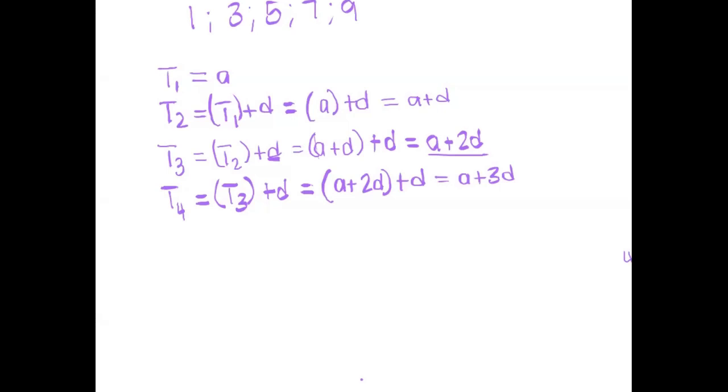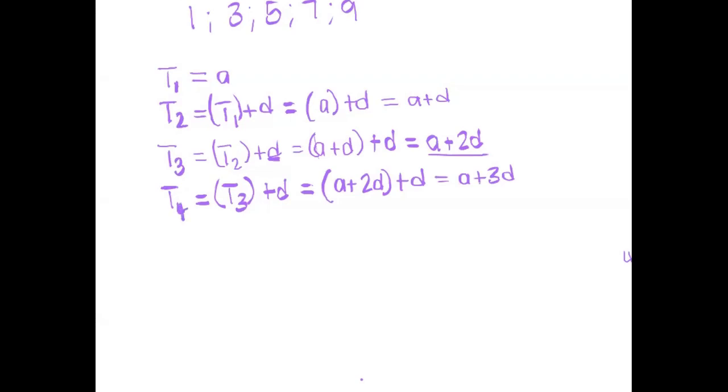Okay, okay. Now, when we finally write down the general term, we write it in terms of n. So as you can see here, T1 is the first term. T2 is the second term. T3 is the third term, and T4 is the fourth term.